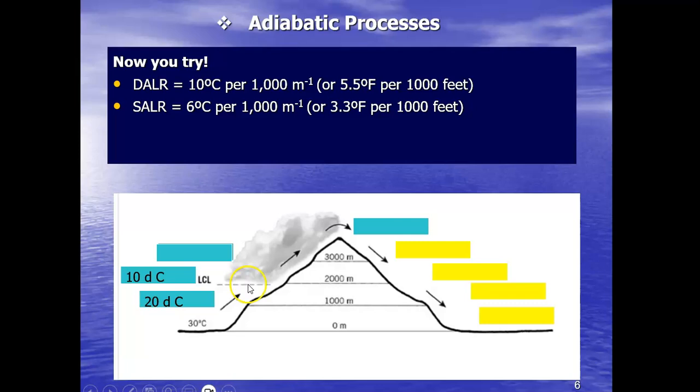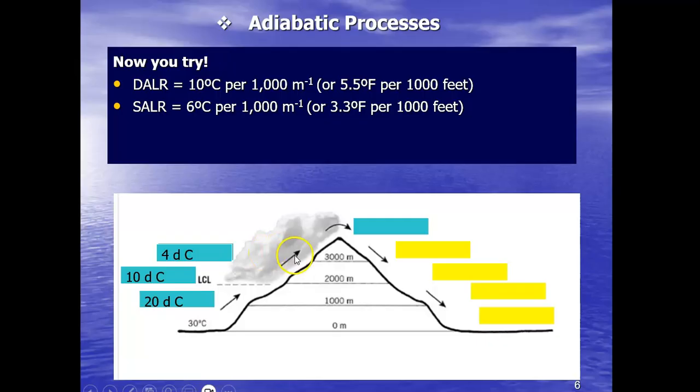Because we've reached the lifting condensation level, latent heat is being released and it slows the rate of cooling. So as I go from 2,000 meters to 3,000 meters, I'm going to drop the temperature by 6 degrees. If I was at 10 degrees here, minus 6, what should my new temperature be? 4 degrees Celsius.